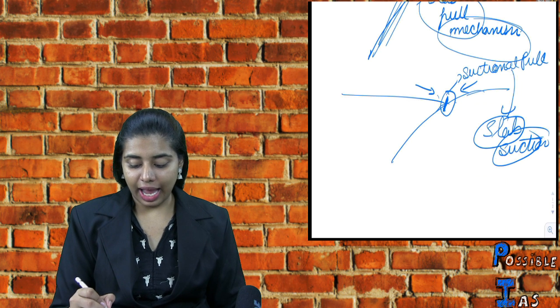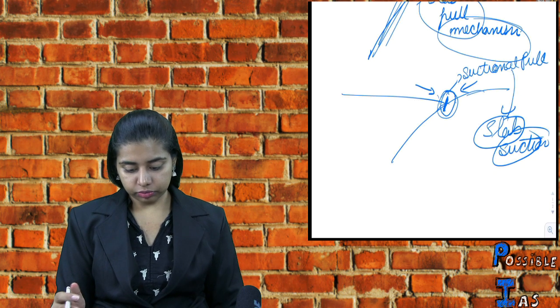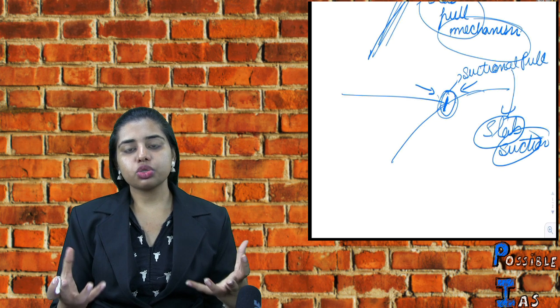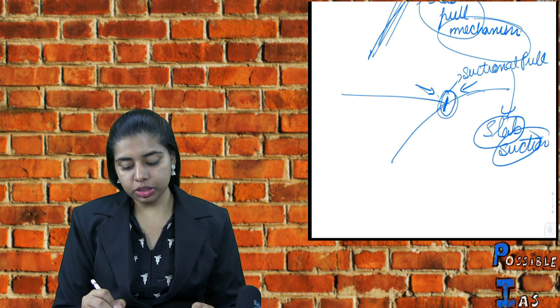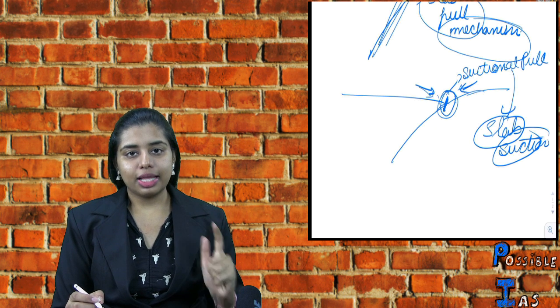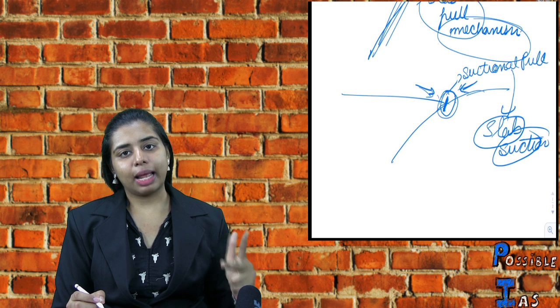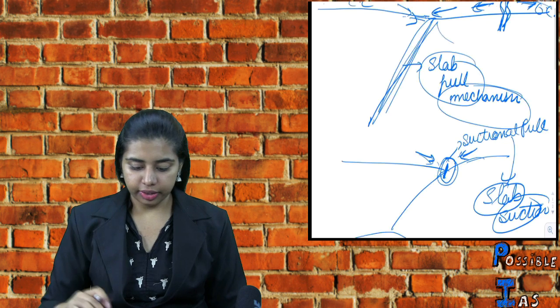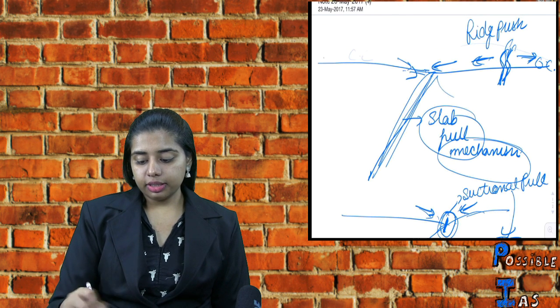At the zone of subduction, a sort of suction is created which pulls both the plates towards the zone of subduction. So slab pull, slab suction and ridge push, these are the three forces.